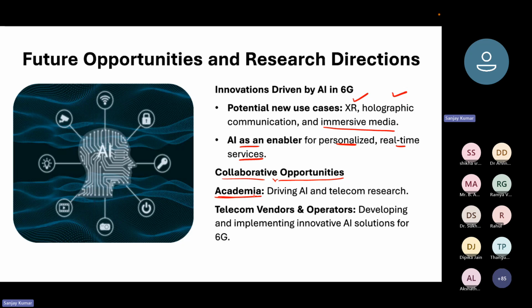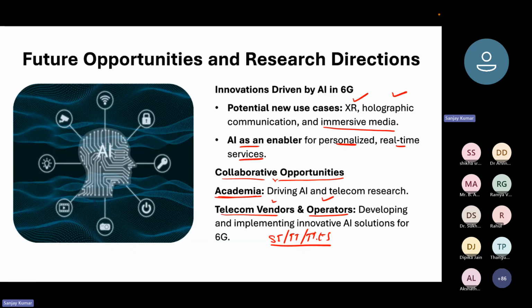Also, a lot of vendors and operators are working on developing and implementing innovative AI solutions. This is not restricted only to vendors or operators. Even system integrators, IT, ITES, all kinds of companies are a part of it, right? They are developing and implementing innovative AI solutions for the 6G network. So there is a lot of collaboration happening.